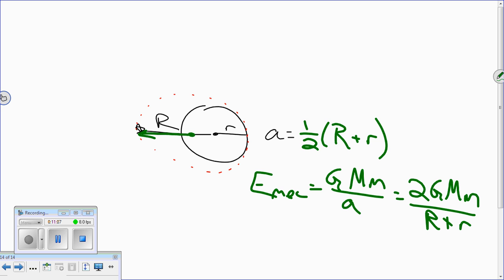Now what we need to do is make sure that at our launch point, we give the thing enough kinetic energy so that when I add my kinetic energy plus my potential energy, I get that number, right? Does that make sense?